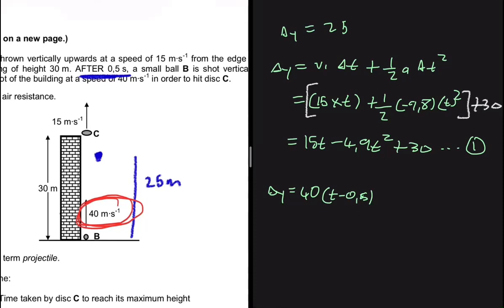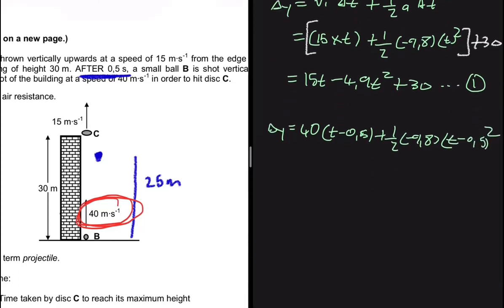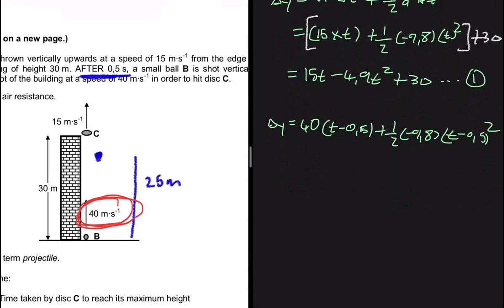And then we're going to have plus a half our acceleration, which is -9.8, and then t minus 0.5 squared for ball B. So let's go ahead and solve this. If we do that, we're going to get 40t minus 20, right? 40 multiplied by 0.5, and then we're going to have minus 4.9, and then we have (t minus 0.5) squared. So let's go ahead and solve that.